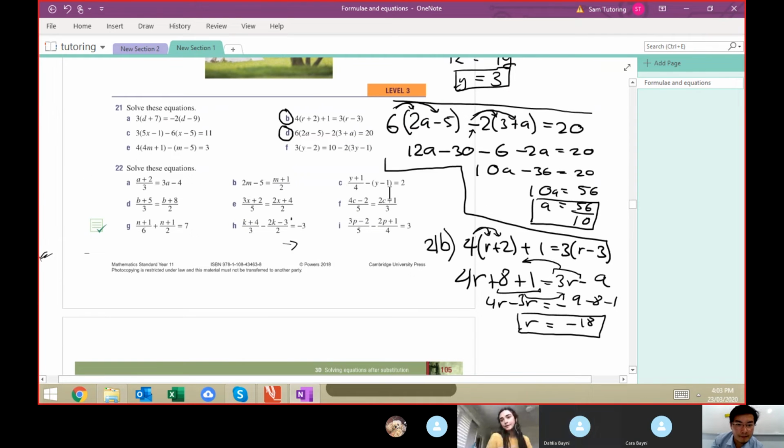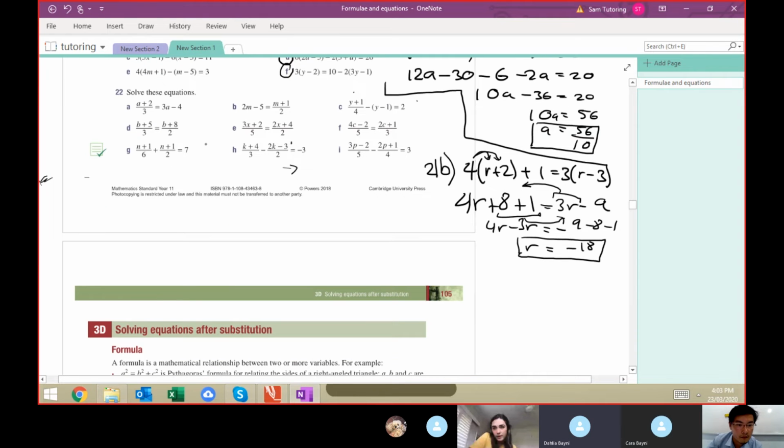Let's try one more to secure this. Question F would be, let's just say it's right here. So we got 3 bracket y minus 2 equals 10.